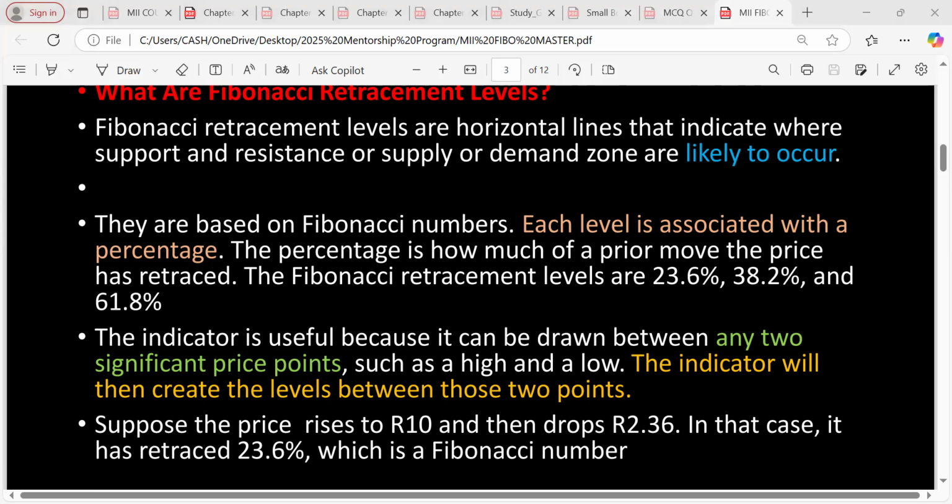You can use it across all the instruments in the financial markets. It doesn't necessarily have to be a currency pair. Even with the strategy that we use, it is all about understanding different instruments.